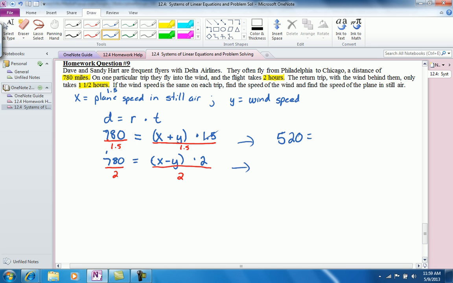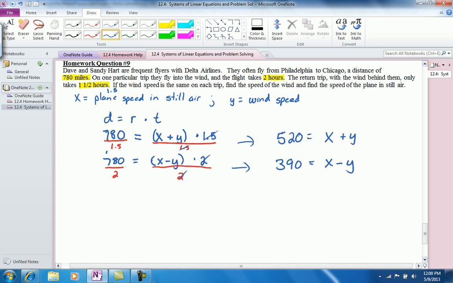The 1.5 here and the 1.5 here will reduce to 1/1, leaving me just X plus Y. 780 over 2 is 390. Similarly here, the 2 over 2 will reduce to 1/1, and I'll just get X minus Y.